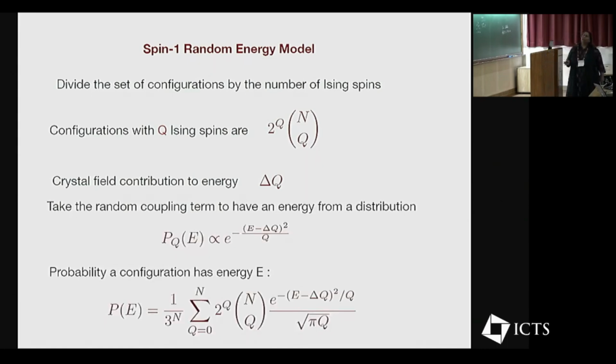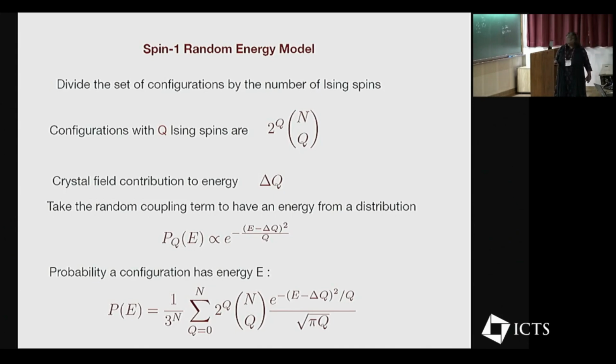Now, based on this, we assume that if we stay in this subspace of configurations, the energy of this subspace has an average around Δq, and it is also a stochastic variable which is distributed like a Gaussian, but now we only have q Ising spins. So this is the form of the distribution in that case.